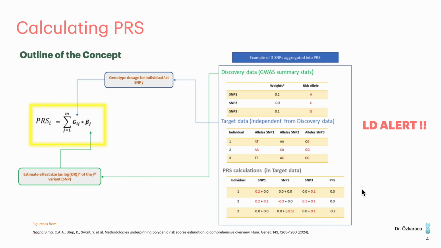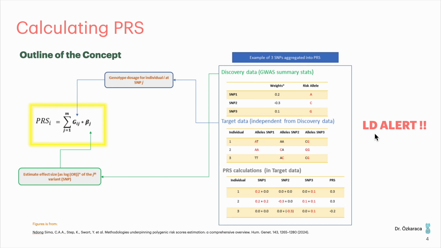But there is one important issue here, which is the LD issue between genetic variants. So if you have a genetic variant which is in an LD block of, let's say, 100 other SNPs, then when you calculate the polygenic risk score, you are adding the same or similar information 100 times over and over again, because those SNPs are in high LD.